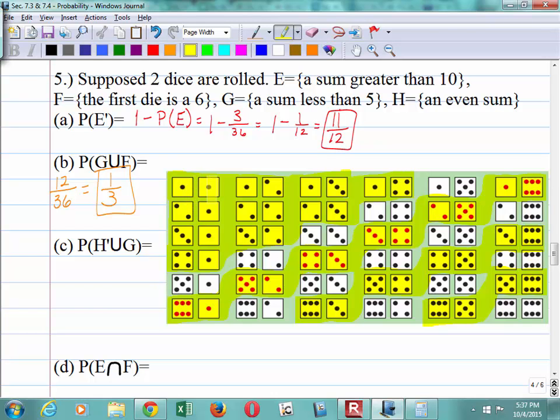So that would be 1, 2, 3, and so on up to 22. So it'd be 22 out of 36. So that would be 11 out of 18.